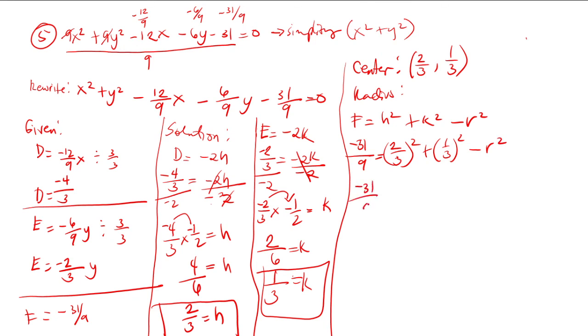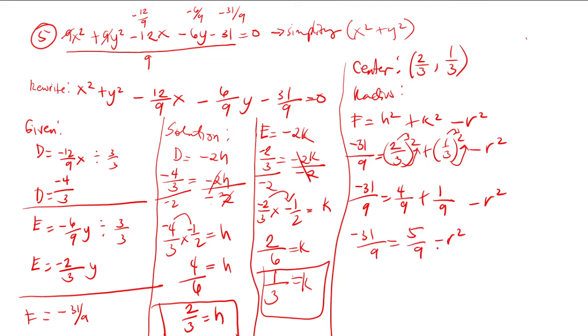Negative 31 over 9 is equal to 2 times 2, 4. 3 times 3, 9. Plus 1 times 1, 1. 3 times 3, 9 minus r square. And then, ito, similar fraction. So, 4 plus 1, 5. So, we have negative 31 over 9 is equal to 5 over 9 minus r square.